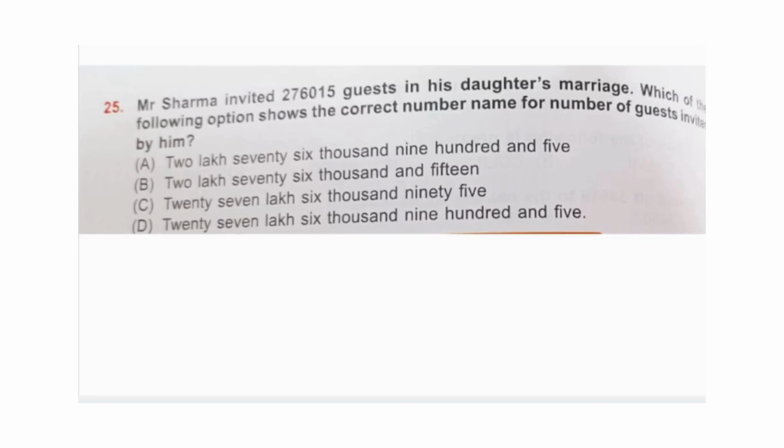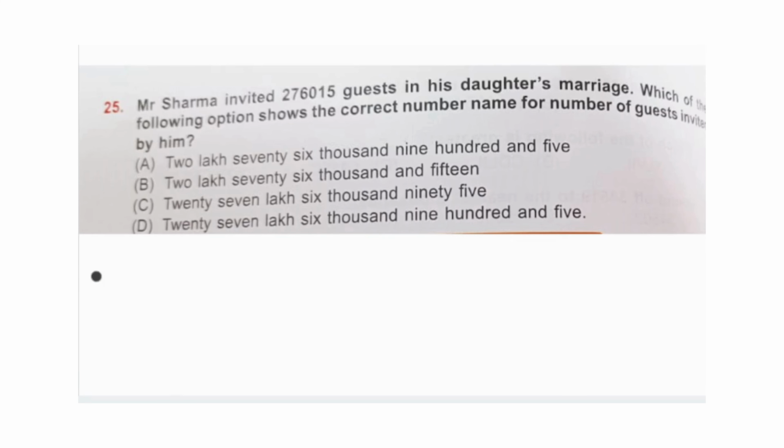Let's look at question number 25. Question number 25 reads as follows. Mr. Sharma invited 276015 guests to his daughter's marriage. Which of the following options shows the correct number name for the number of guests invited by him?